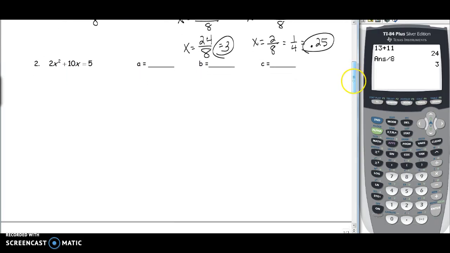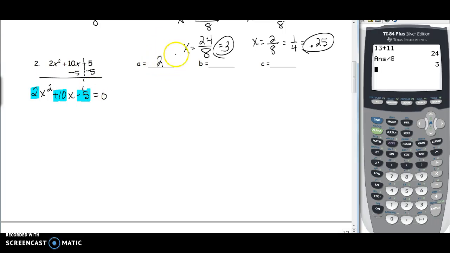In the next problem, notice how we're not equal to 0. So we have to move our 5 to the other side by subtracting. We always need this equal to 0. So we have 2x squared plus 10x minus 5 equals 0. We have our 2, our 10, and our negative 5 now.